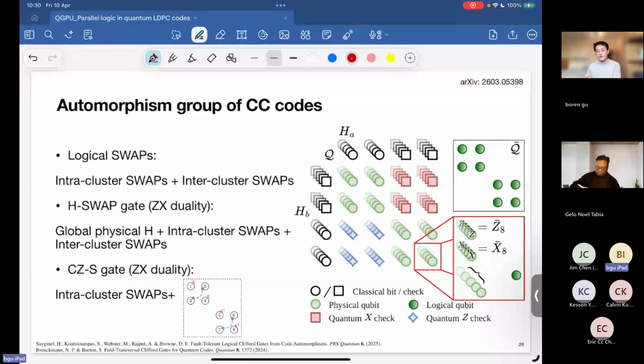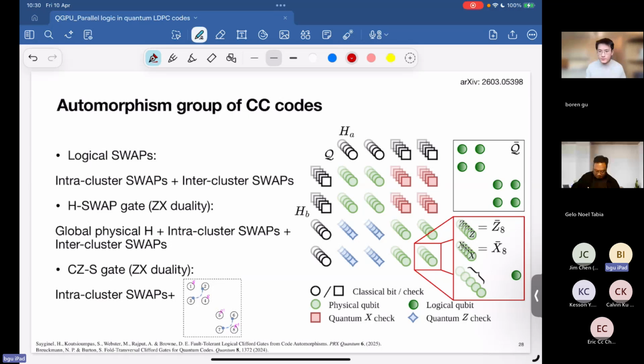Owing to this addressability, we get some very easily understood automorphisms out of this code itself, out of this logical operators basis itself.